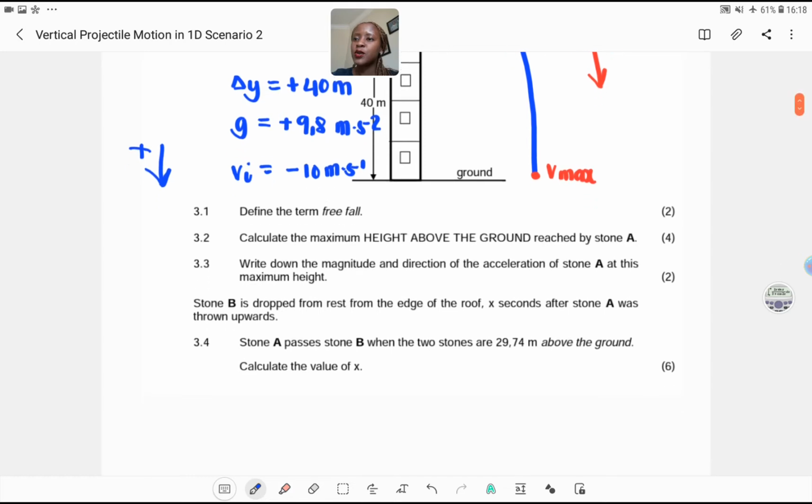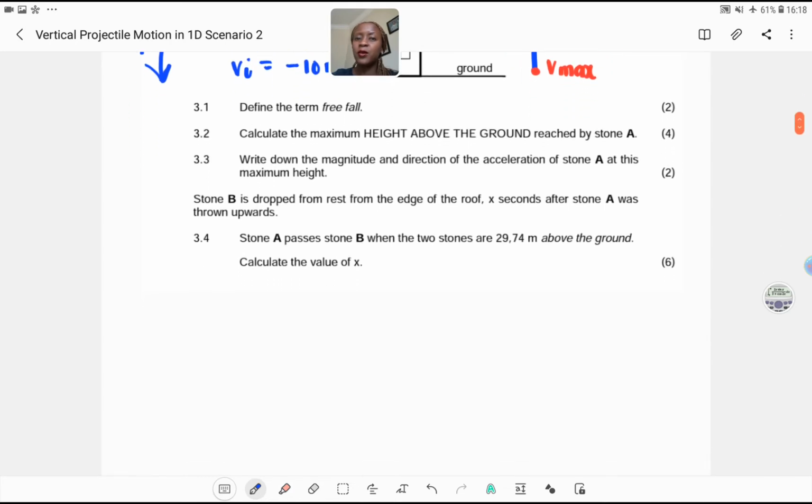Define the term free fall. We defined it in the previous video, but we can do it again if somebody's joining us for the first time.